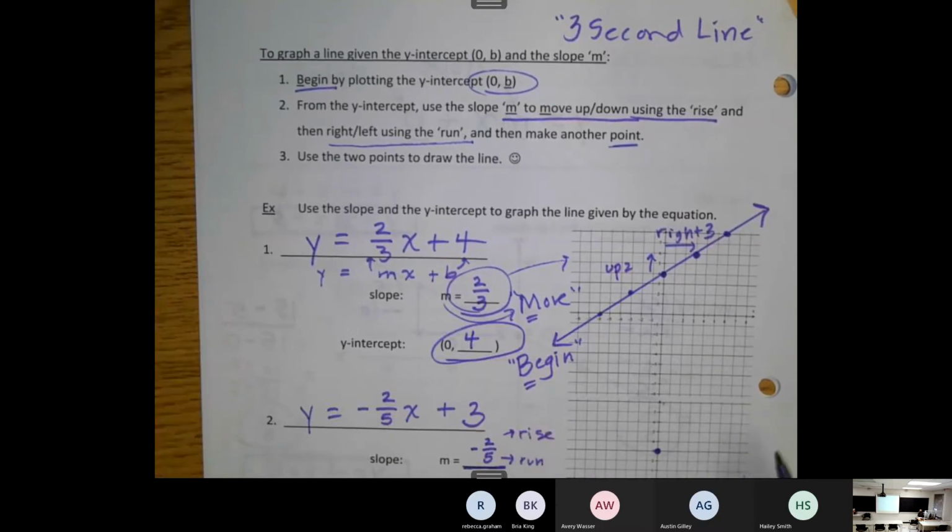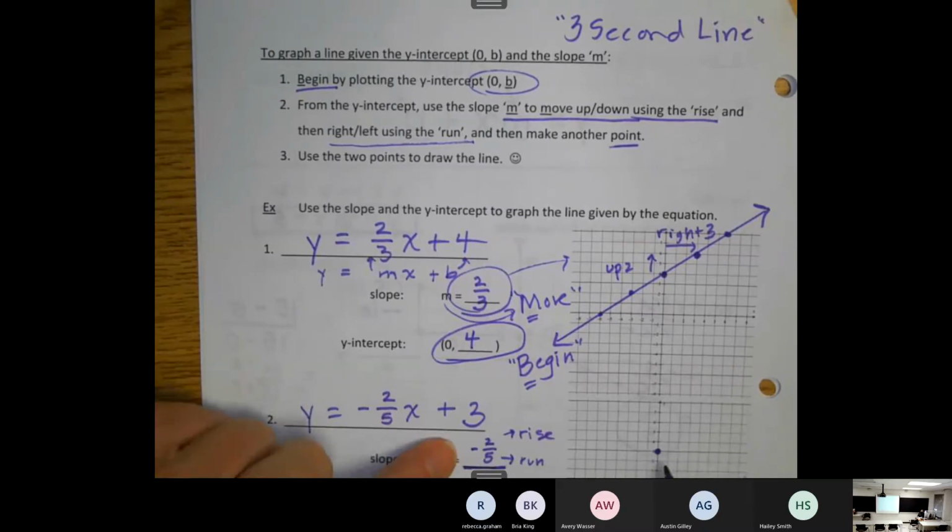Since the slope's negative this time, we know the line overall should end up tilting downward instead of upward. And the way to do that is going to be to use the negative with the top number. So from the point we already plotted, let's move down 2 spaces since the rise is negative 2. And then to the right 5 spaces since the run is 5.